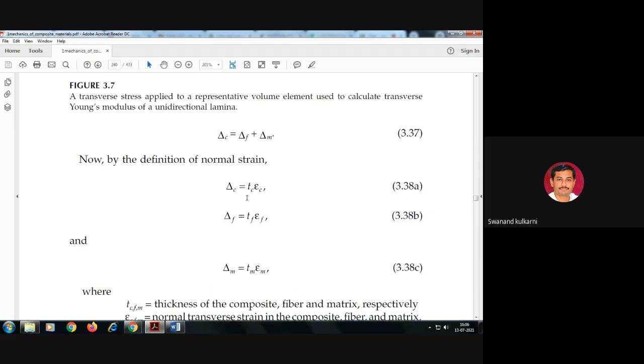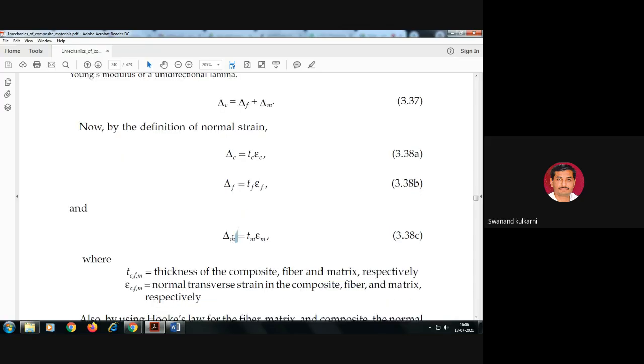With usual notations, the deformation or change in length is nothing but the strain. In general, strain is nothing but change in length upon original length. So change in length is delta C and original length is TC. Change in length to the original length is nothing but this strain here. Change in fiber length to the original fiber length is delta F upon TF, which is the strain here.